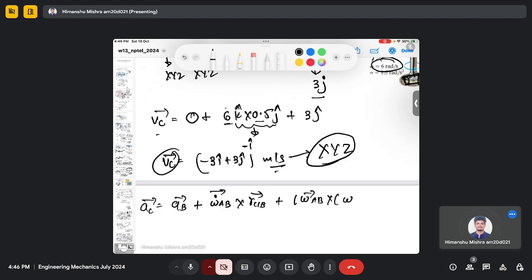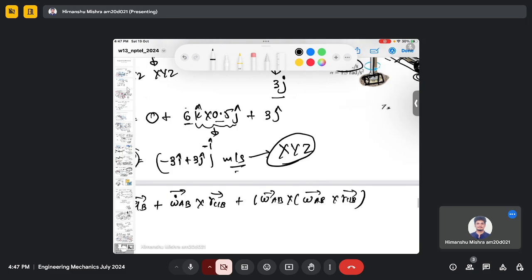plus omega AB cross omega AB cross RCB plus 2 omega AB cross relative velocity in XYZ plus relative acceleration in XYZ coordinate.